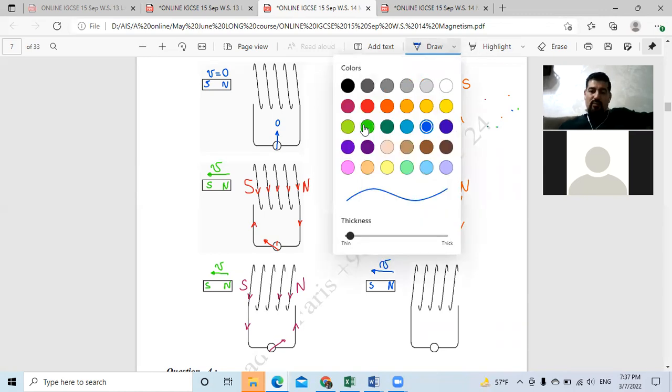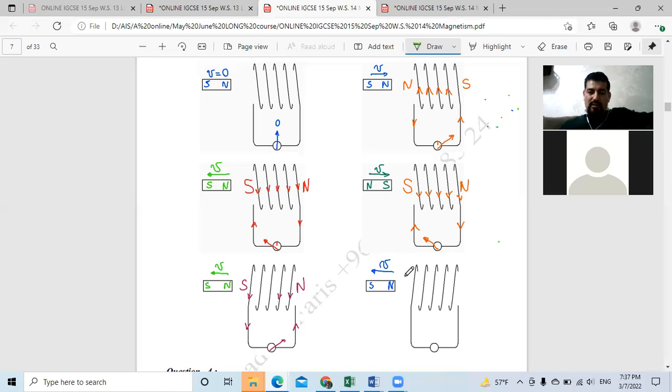That means, what will happen to this side as the north is moving away? What will happen to this side, Salma? North or south? Because it's moving away, it will be south. If it moves closer, it will be repulsion. If it moves away, it will be attraction. So it will be south. That means this side becomes north.